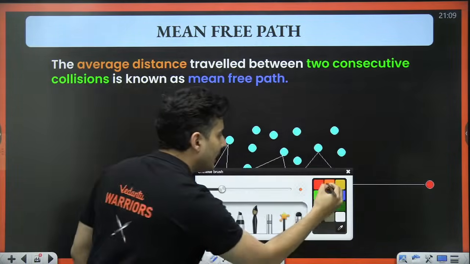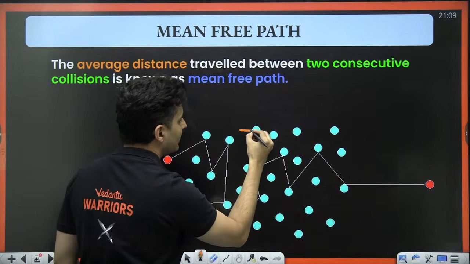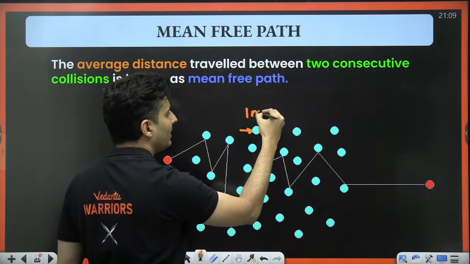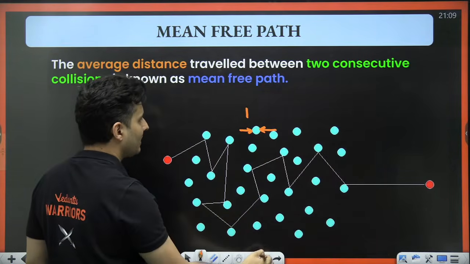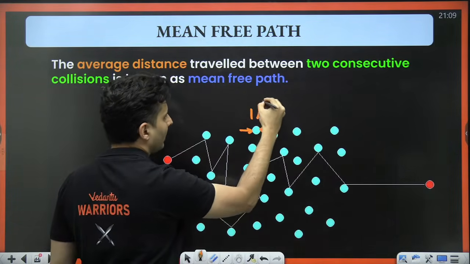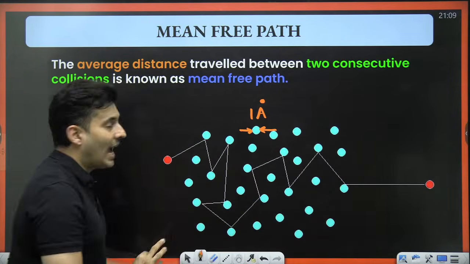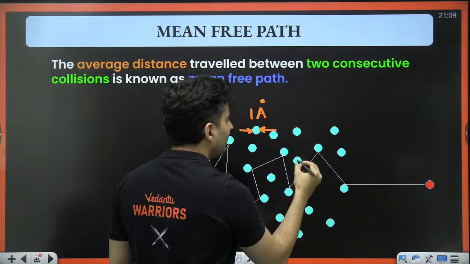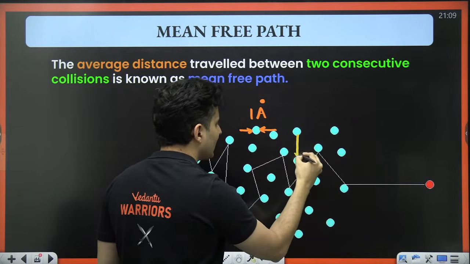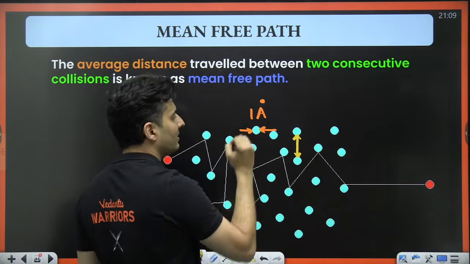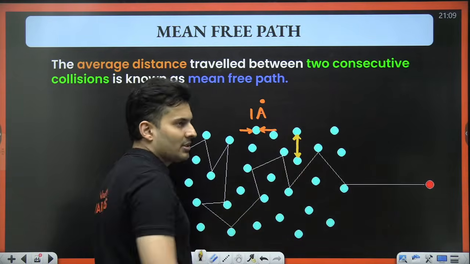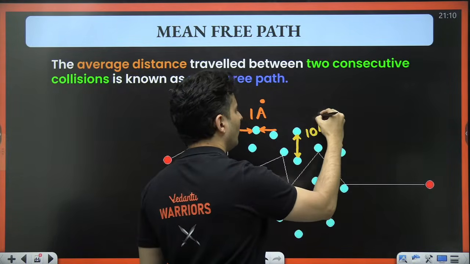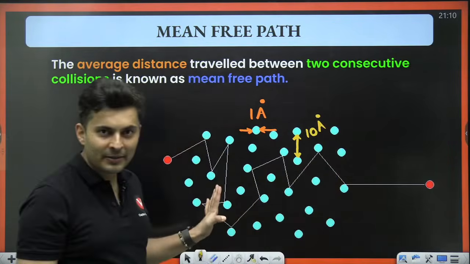Let us say this size example is 1 Angstrom. So as per that point, you know what it is saying? This distance to this distance, the intermolecular distance, is around 10 times, so maybe this is around 10 Angstrom, approximately.